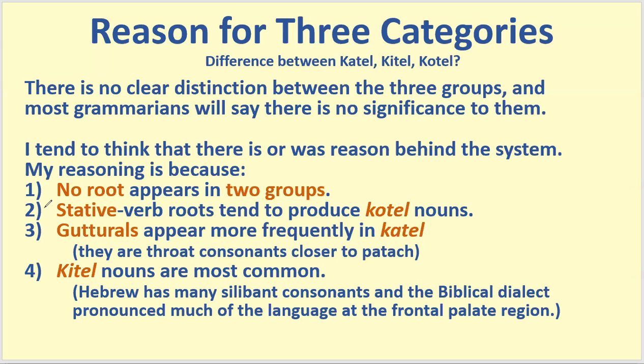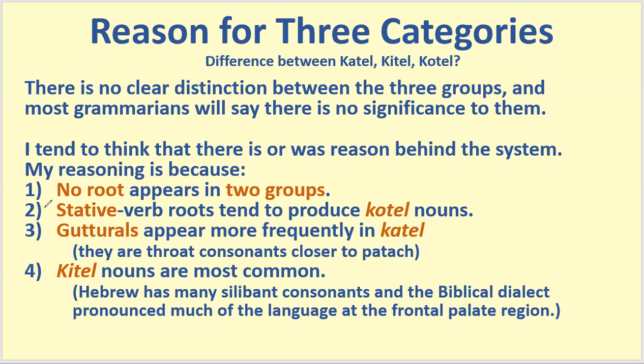In fact, most grammarians will simply tell you there's no significance to the three groups. Why some segolates will have a, some will have e, some will have o in their suffixed forms. Me personally, I tend to think that there is, or at least was, some reason behind the system.